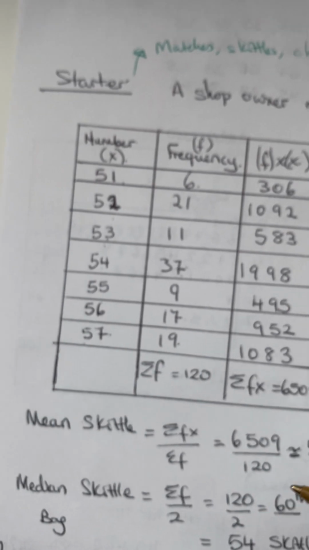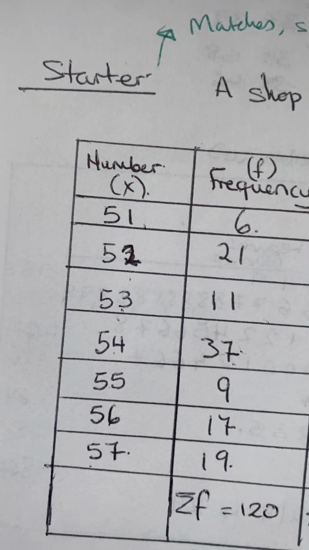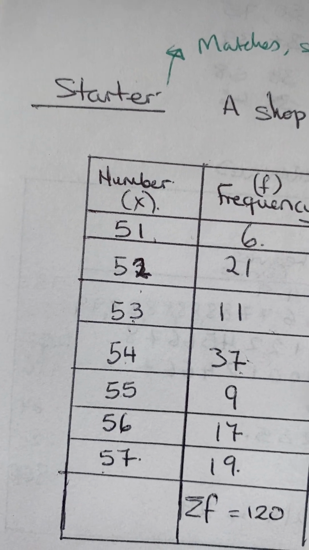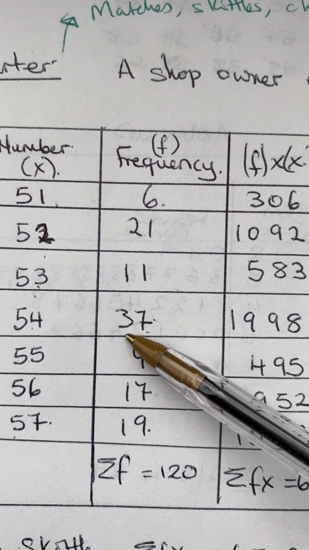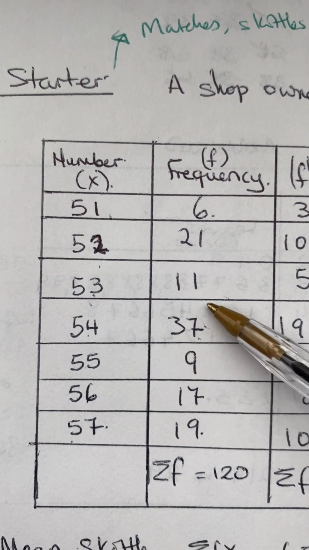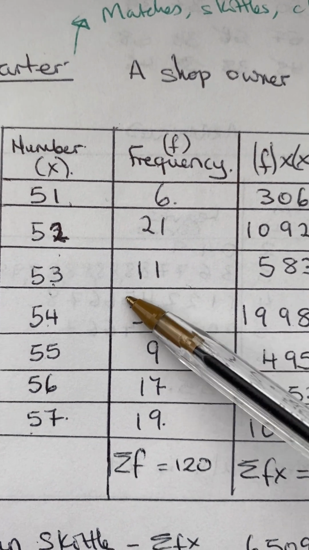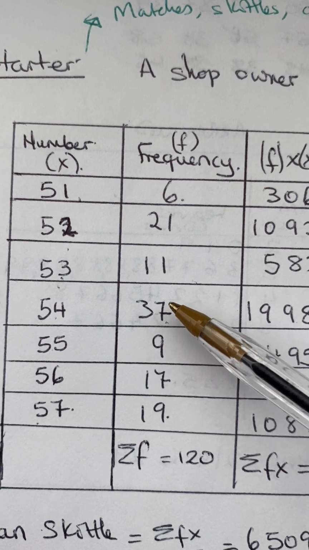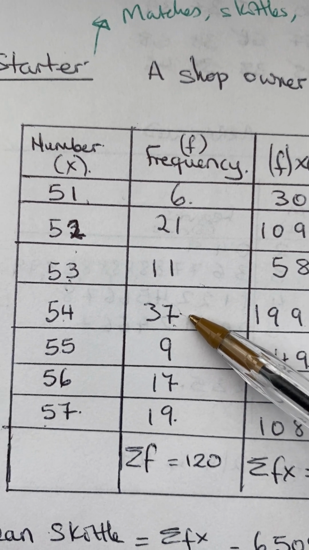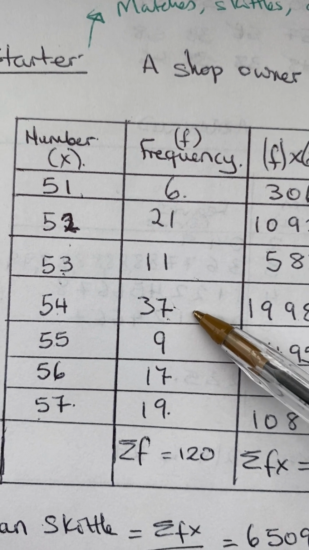Okay, the mode is the last bit, which is the one that occurs the most, which is 54. Okay, 37 of them at 54. This is the skittle bag that occurs the most.